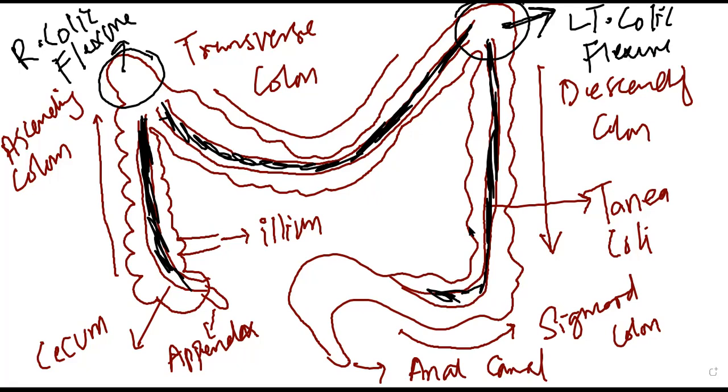The right colic flexure is also known as the hepatic flexure because the right lobe of the liver is present above that part of the large intestine. The left colic flexure is also called the splenic flexure because the hilum of the spleen is present just above that portion of the large intestine.